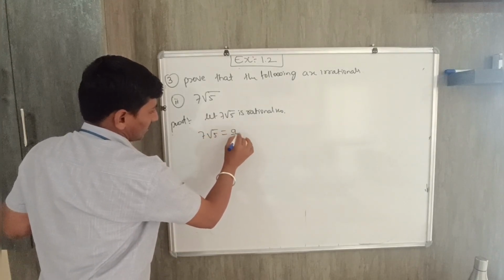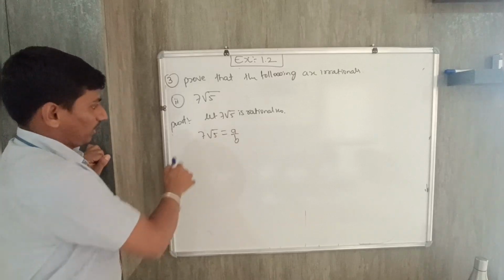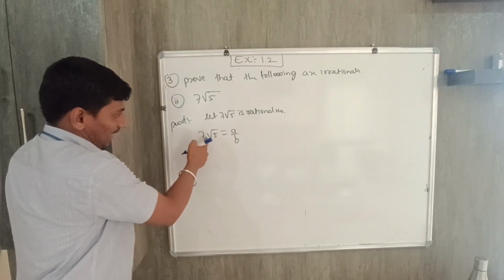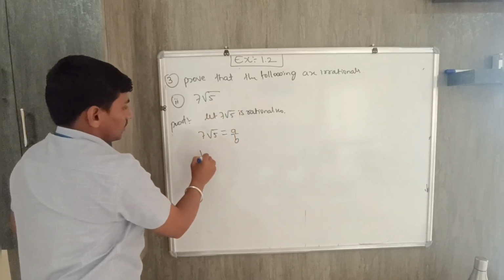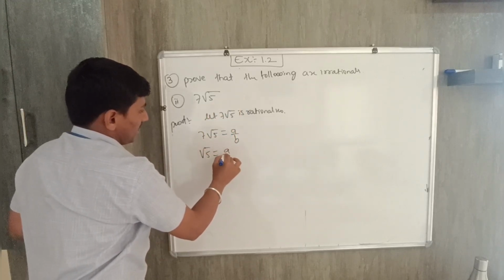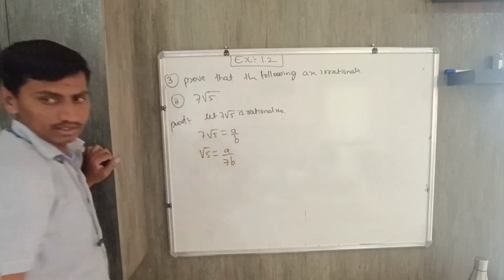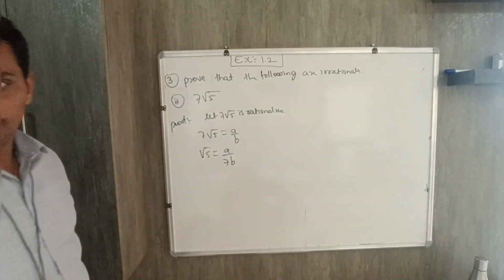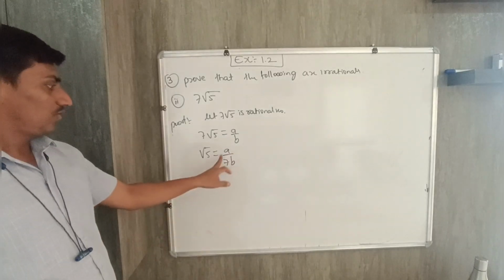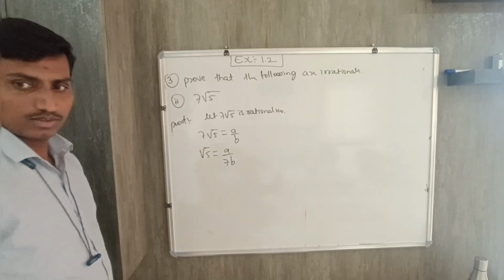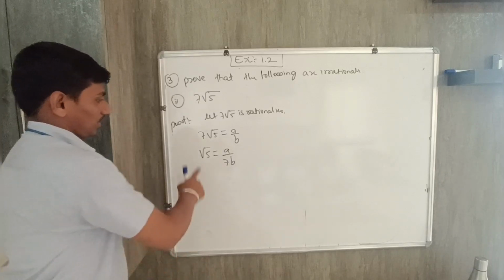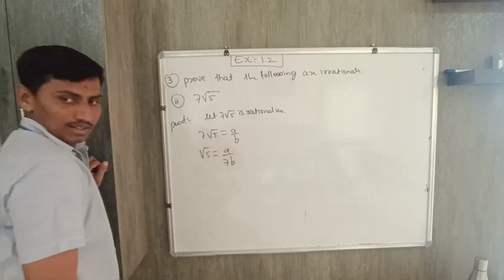A by B. Okay. Here 7 is a multiply sign, so 7 going to the other side means divide. So now root 5 equals A by 7B. It is a rational number.